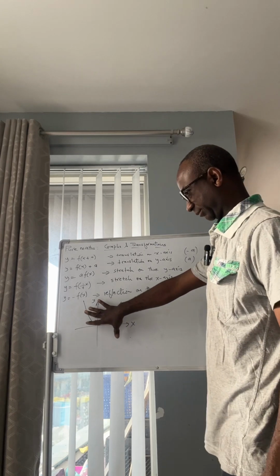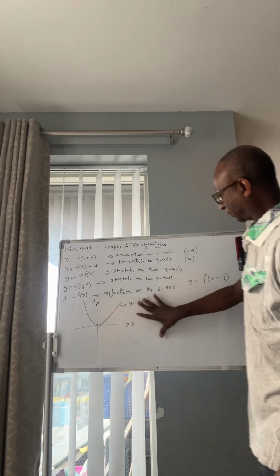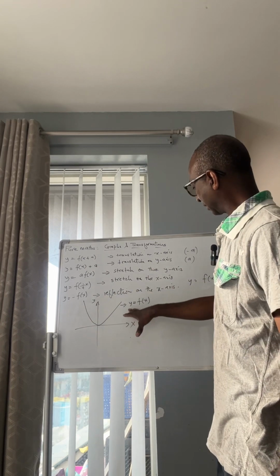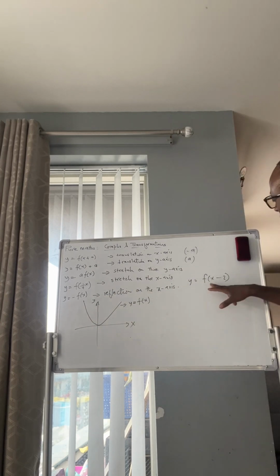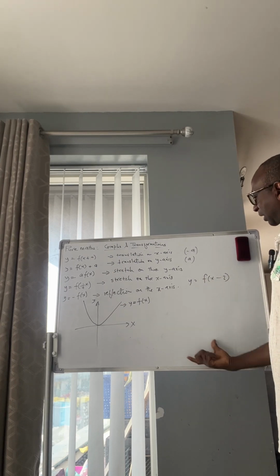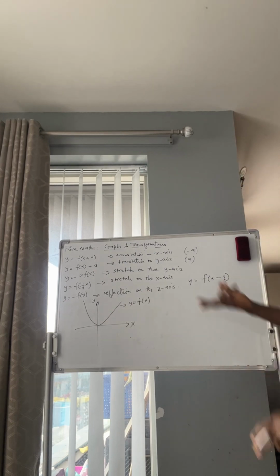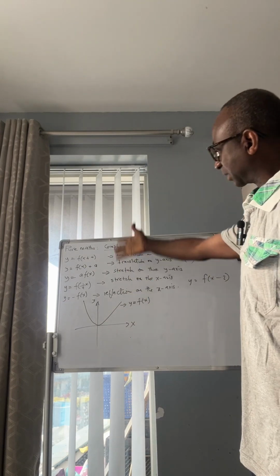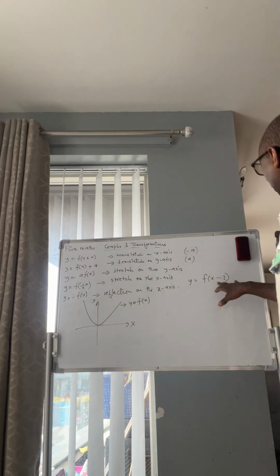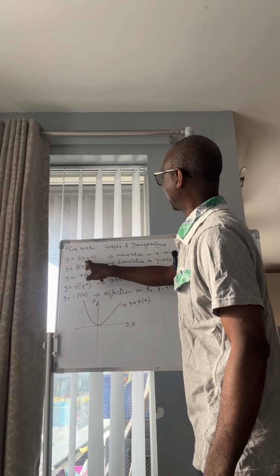You are given y equals f of x, the graph that represents this function. But now I've made some changes: y equals f of x minus 2. And they ask you to sketch this graph with reference to this one. This is what we have just explained in the translation. So what are we looking at? We are looking at the first one here.